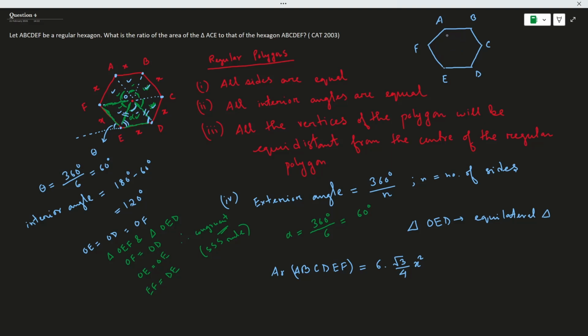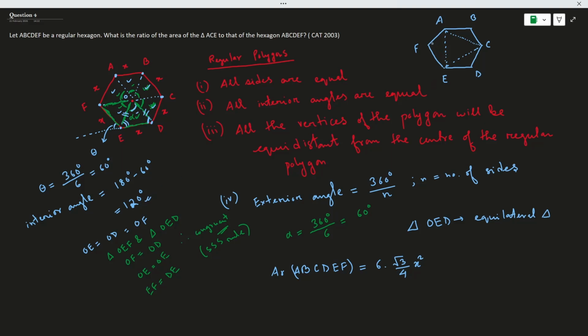Now suppose I join points A, E, and C, because we have to find the area of triangle ACE. How do I find the area? Now remember, I have found out that the interior angle of the regular hexagon is 120 degrees.